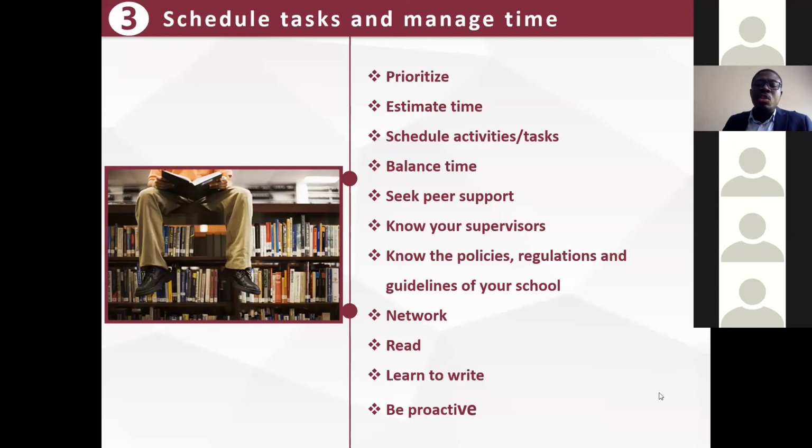Then balance your leisure time and the time that you allocate for your work. Because one of the things that really affects postgraduate students is stress and burnout. It is important that as much as possible, we try to balance our time. Seek peer support. Your colleagues can also help you in the course of your work. You know their strengths and their weaknesses. Some of them are very good in data analysis.